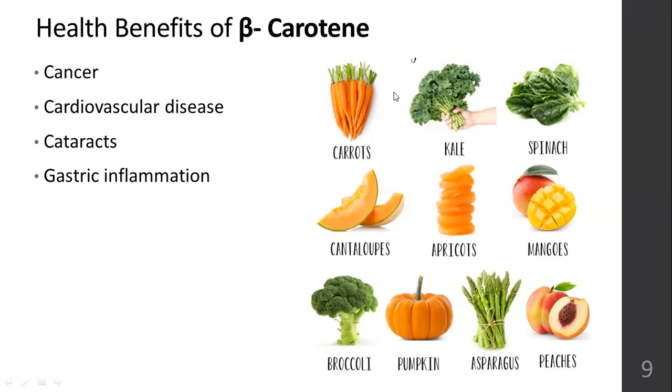Okay. The risk of these cancers can be reduced. It does not cure the cancer. Only the risk of these cancers will be reduced, because beta carotene is a really good antioxidant. Any food that is a good antioxidant will definitely reduce your risk of cancers.